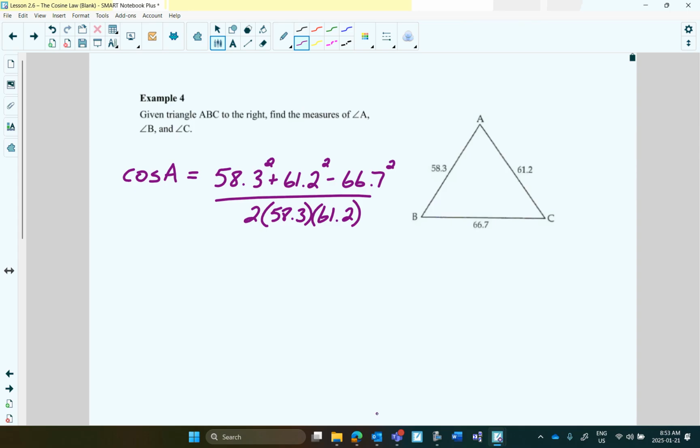So, actually, I'm going to cheat a little bit. You should get cos capital A equals 2,695.44 divided by 7,135.92.